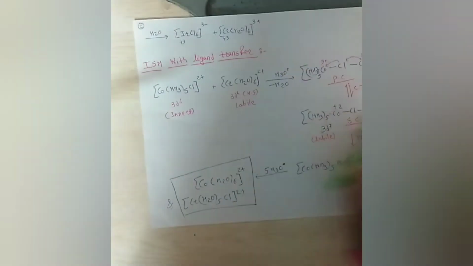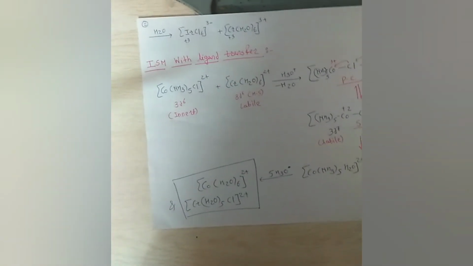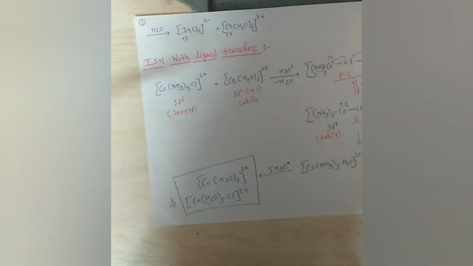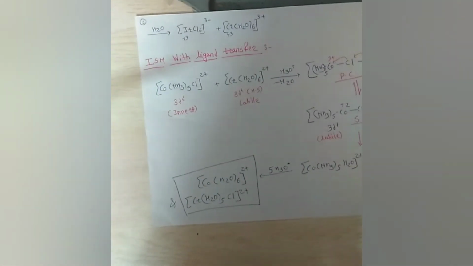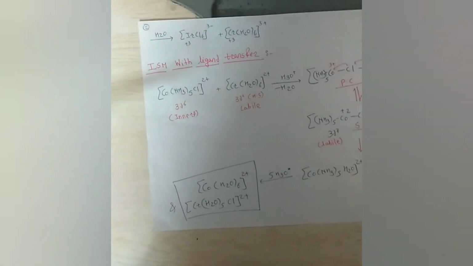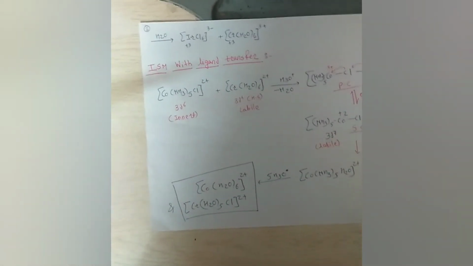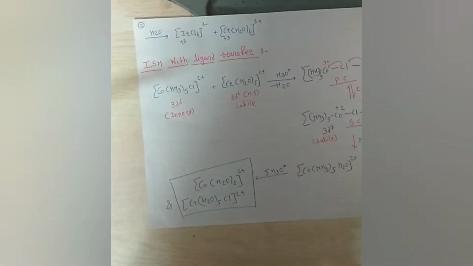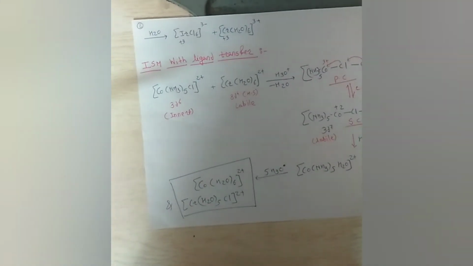Okay, so this is nothing but the inner sphere mechanism without ligand transfer. In this condition, only the electron gets transferred from one metal to another, and there is no transfer of any ligand from one complex to another.